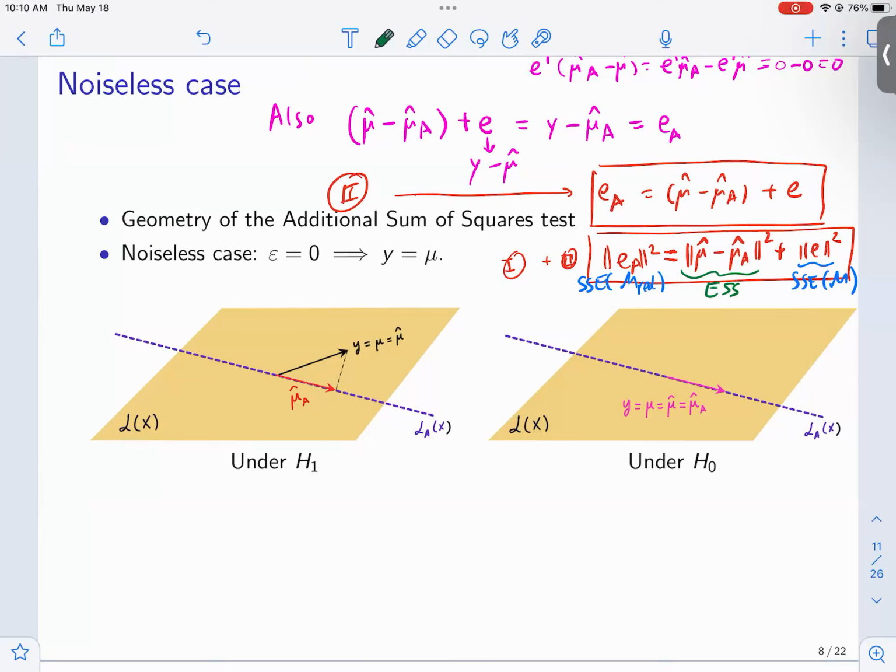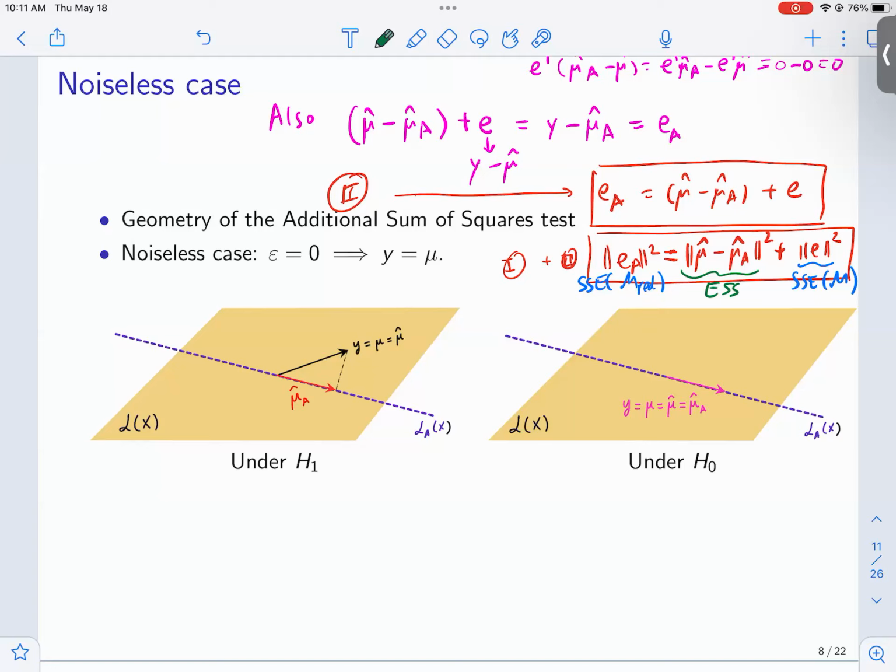So the noisy version is just a noisy version of this. If you have noise, you have this bigger picture, but you perturb both of these a little bit. So nothing will be the same as each other, but in that case y would be a perturbation of mu, and then both of them would be perturbations of mu. In this case, there's going to be a genuine component which you can explain.